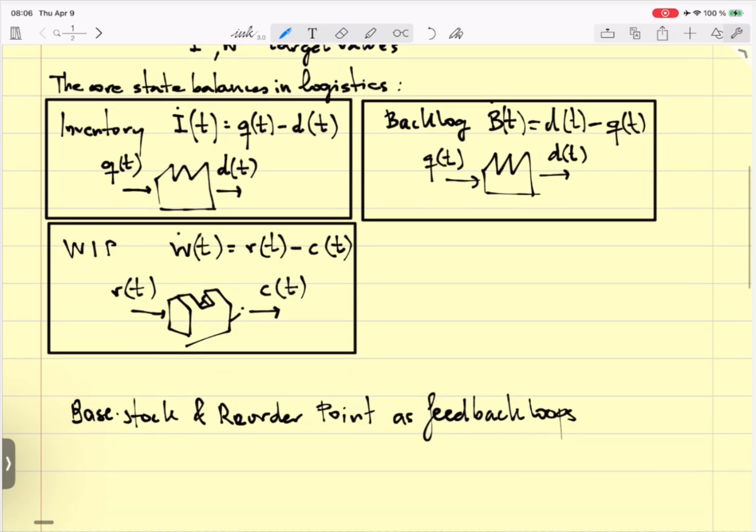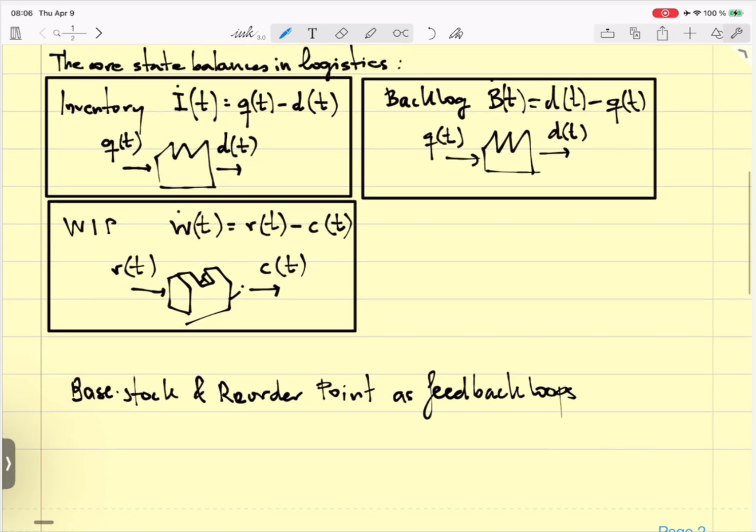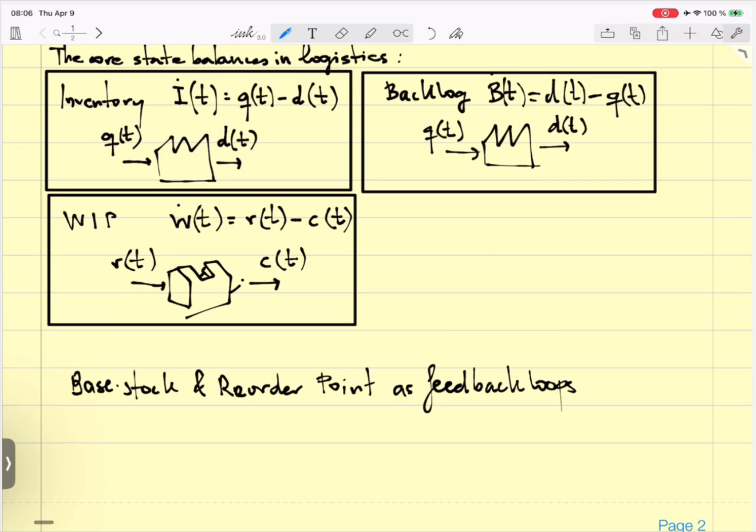From a mathematical perspective, let I of t be the inventory deviation from the desired level.